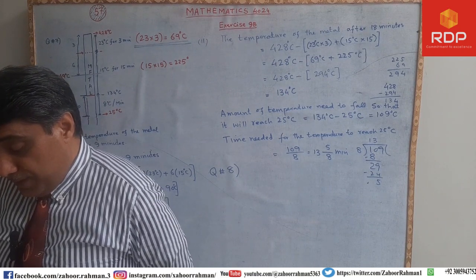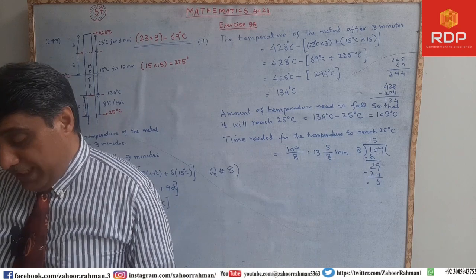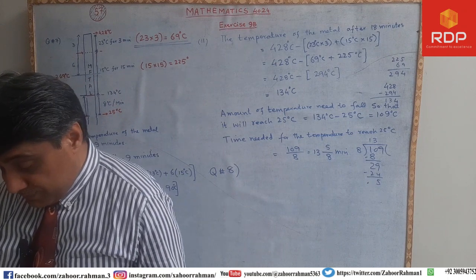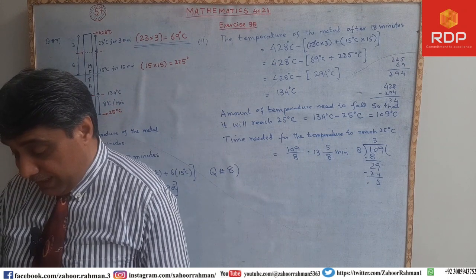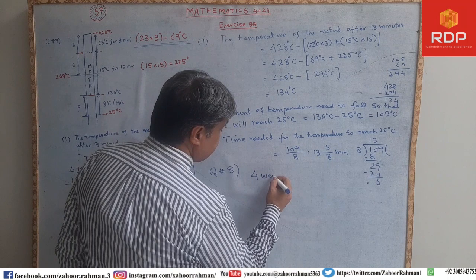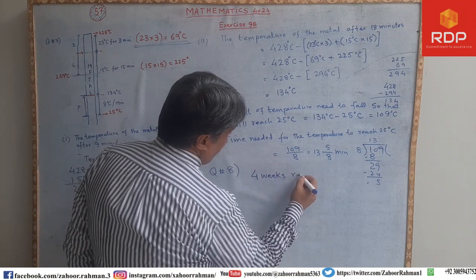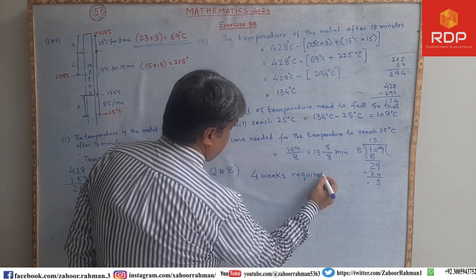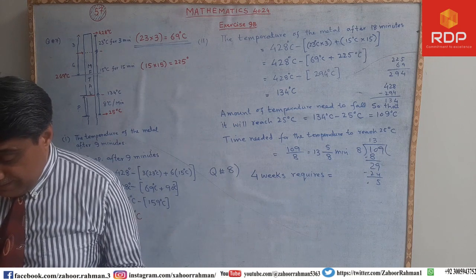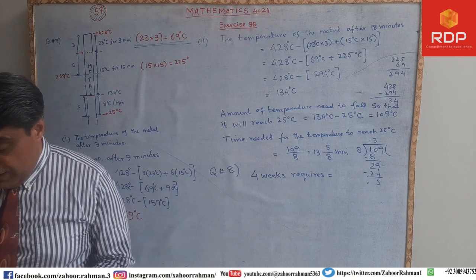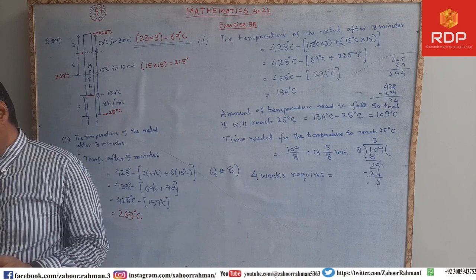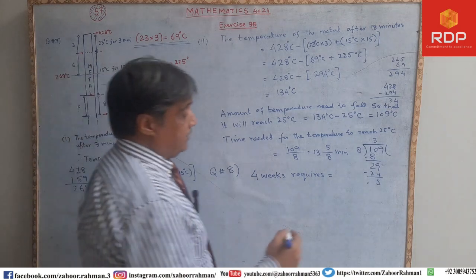A cook uses 15 2-liter bottles of cooking oil in 4 weeks. So 4 weeks requires 15 2-liter bottles.